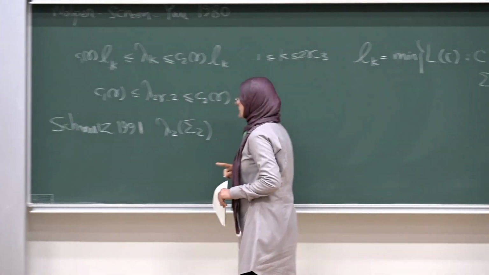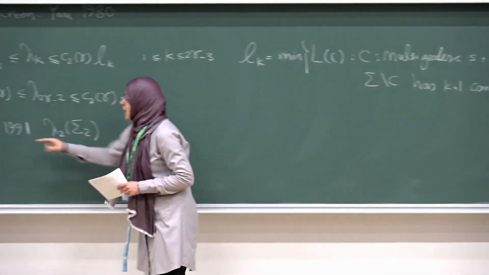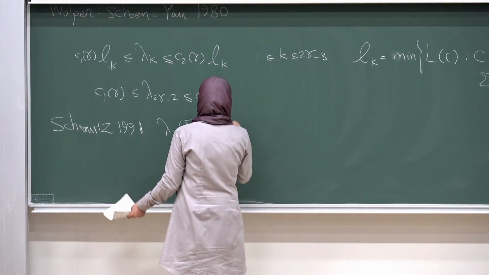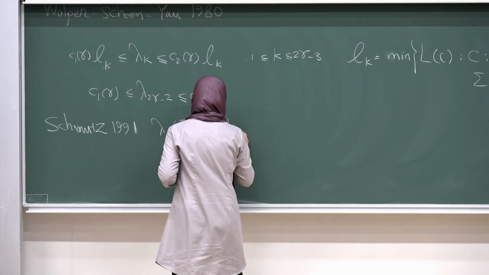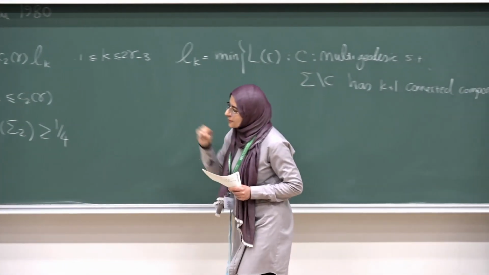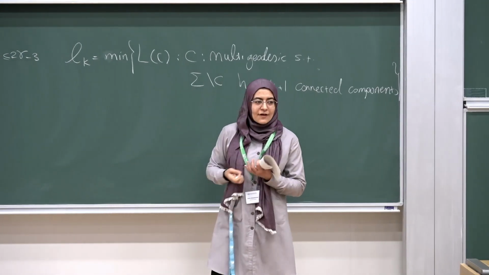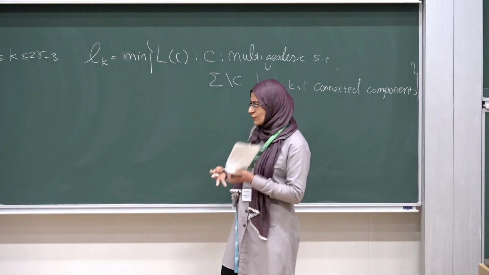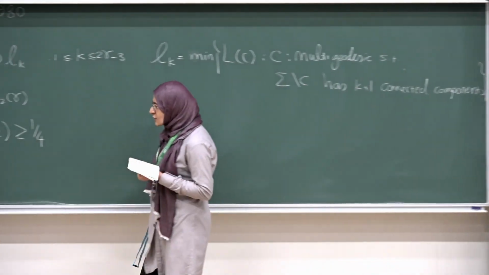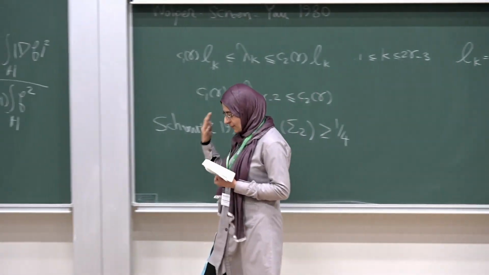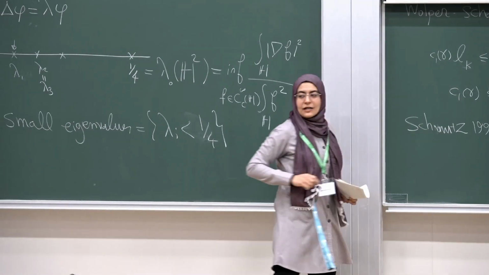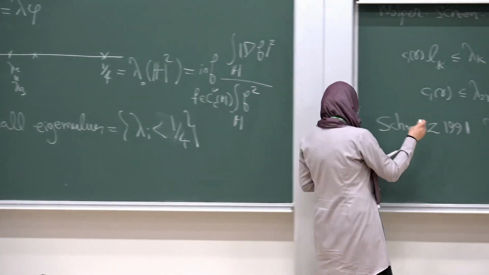When we have a surface of genus 2, Schmutz proved that this is bigger or equal than 1/4, our magical number. But the way that he proved it is very hands-on geometry of surfaces of genus 2, using the symmetry and some implication that is only available in that low genus.